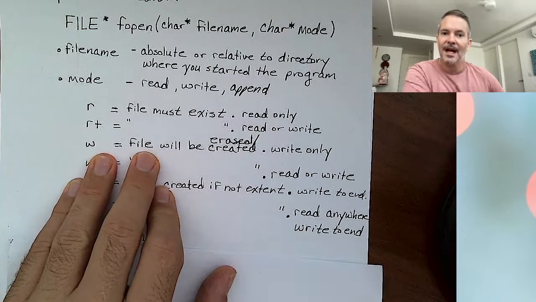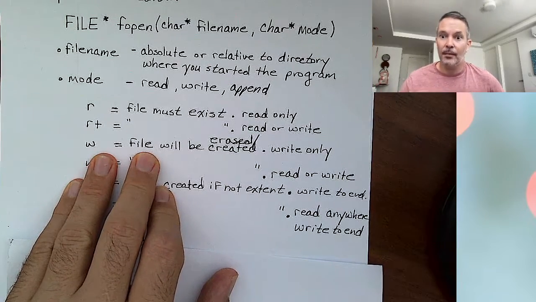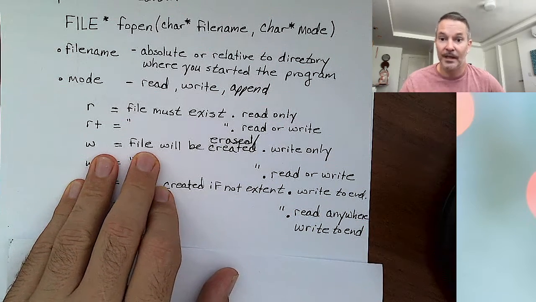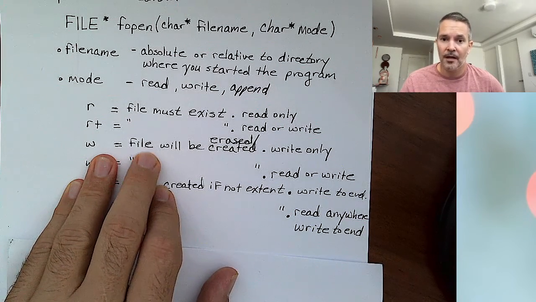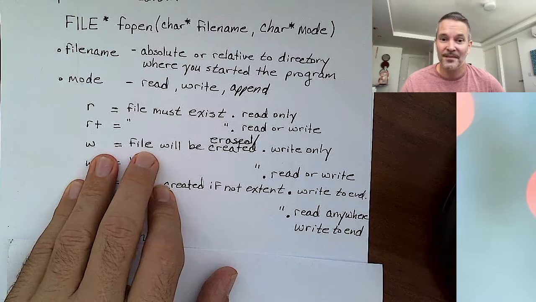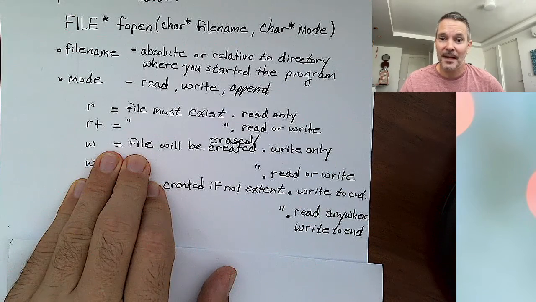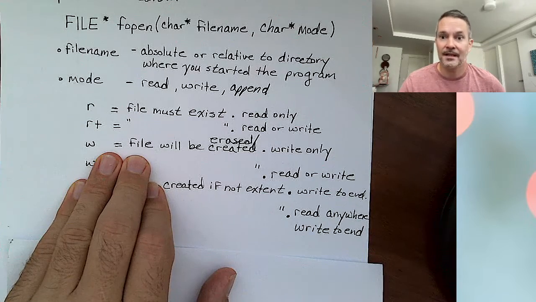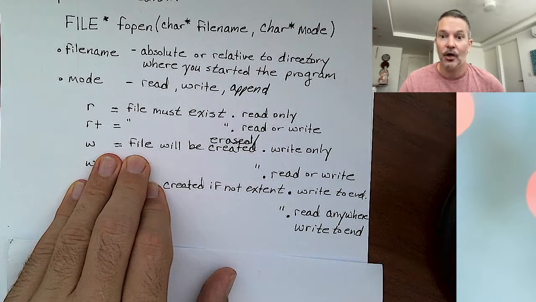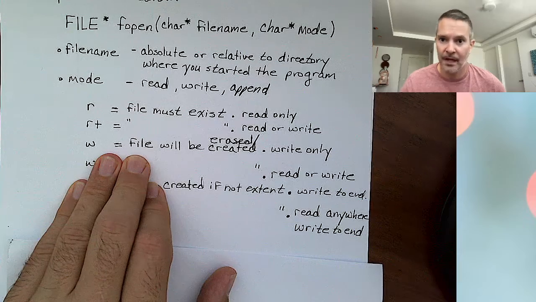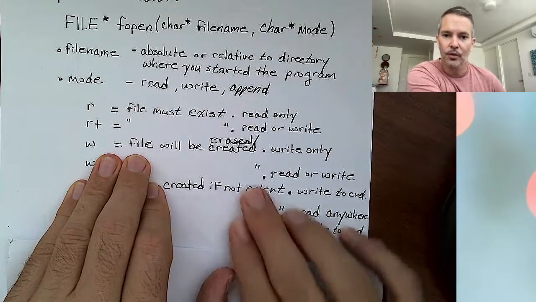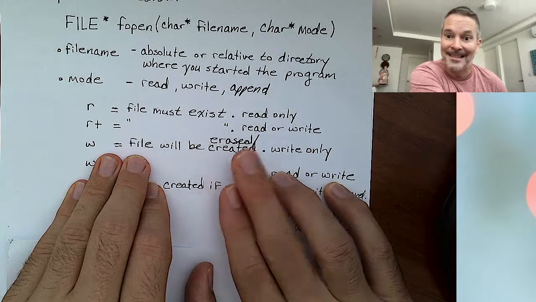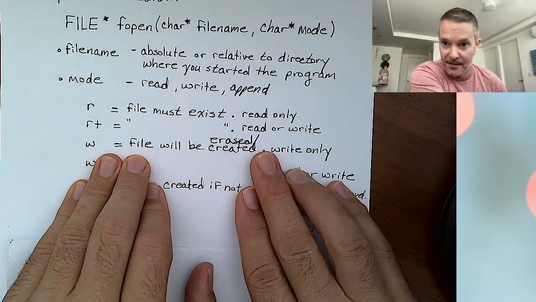W means I want to open a file and I'm only going to write into the file. I'm not interested in reading anything. So by definition, it means the file is expected not to exist. I'm opening the file to write into it. It can't already exist, or I can't open it and write into it. So the way this function works is, if the file you're asking for already exists, it will be erased.